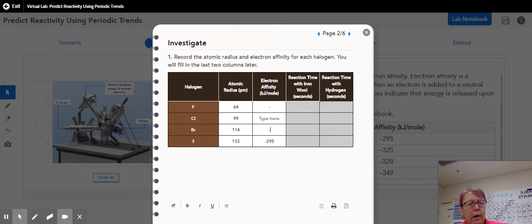Bromine is minus 325. Chlorine is minus 349. And fluorine is minus 328. We're just recording these so that as we work our way through the lab, we can see whether these numbers have anything to do with how quickly a reaction happens.